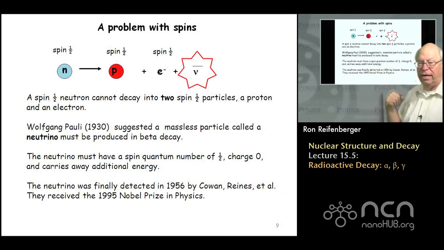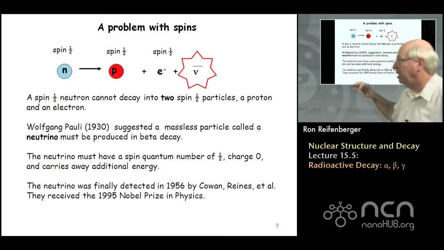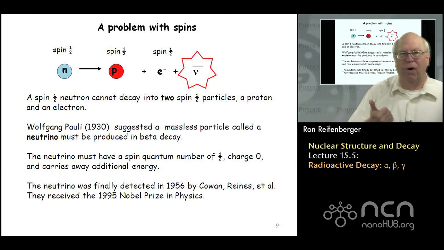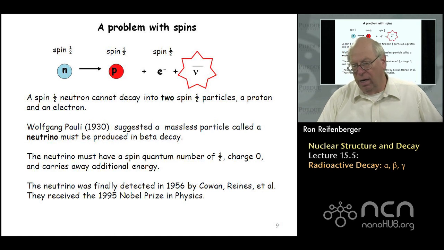It was Pauli in 1930 who suggested that there has to be some energetic particle with 0 mass, spin quantum number of 1/2, and 0 charge, that has to be emitted in this nuclear reaction. And he was able to predict some of the properties of this neutrino.